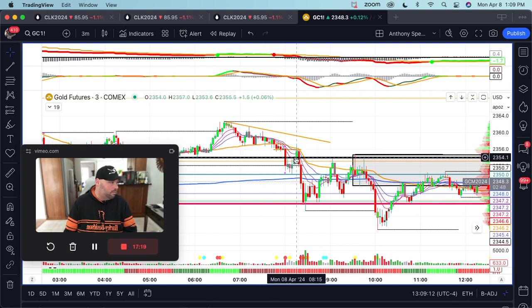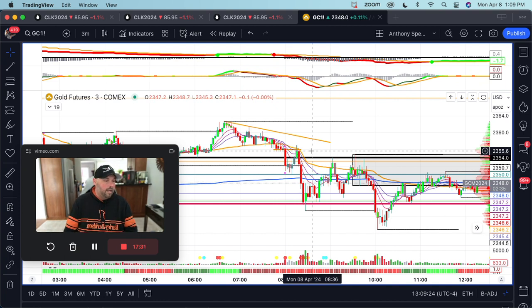Now, this thick black line here is a key level based off of hand-drawn analysis, like I showed you on the other chart. I do that for all four markets: NASDAQ, S&P, light sweet crude oil, and gold futures. I also look at volume analysis, meaning I take a very close look at where high volume and low volume are being transacted in the market on much higher time frames.